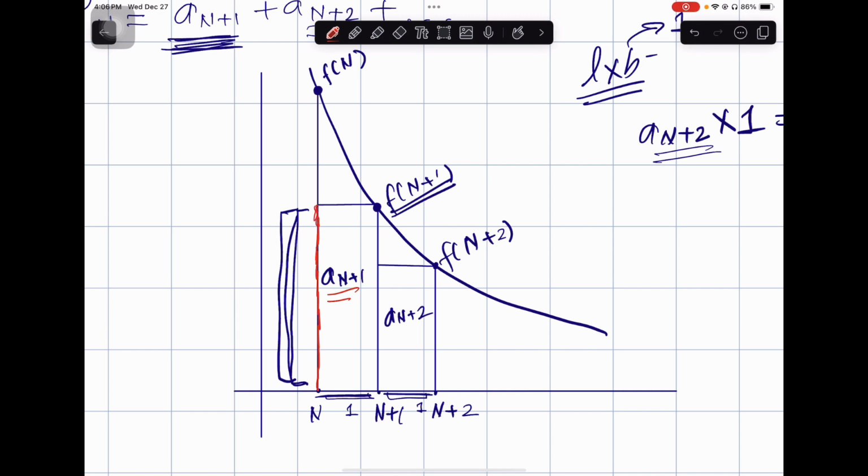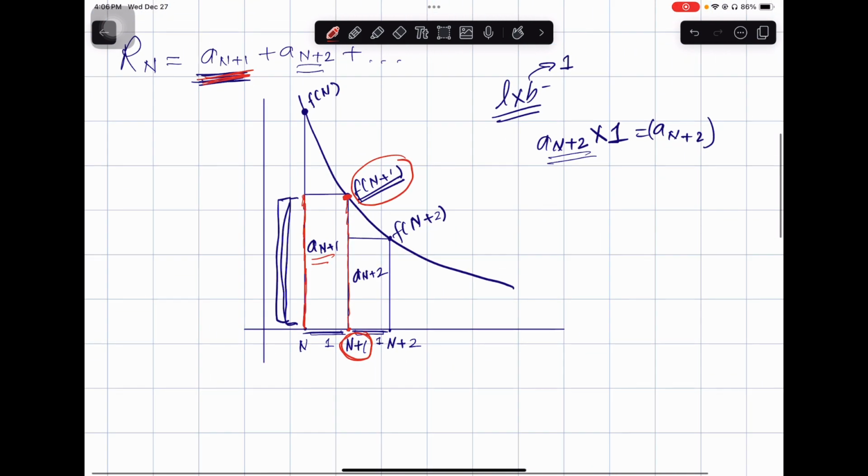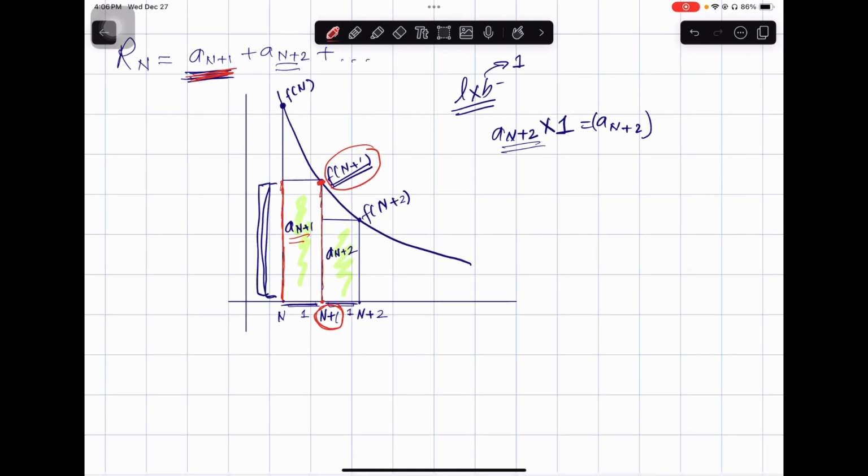Because this length is equal to this length, and this length is f(n+1), and f(n+1) is a_(n+1). Therefore, the area for this rectangle would be a_(n+1), and the area of this would be a_(n+2).